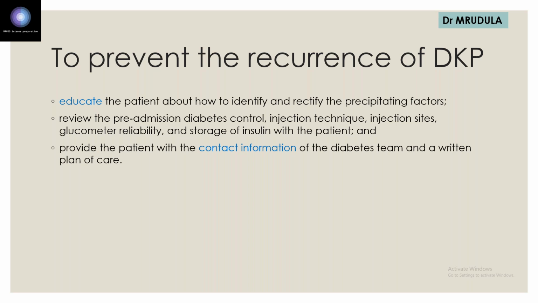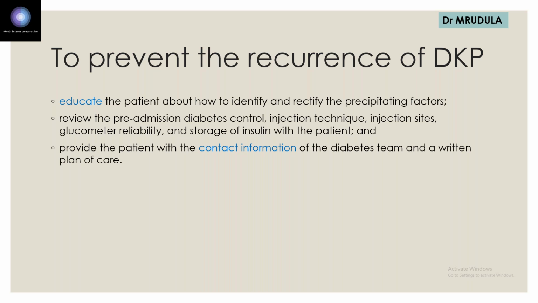Also, provide the patient with contact information and a written plan of care regarding her monitoring and the fetal monitoring also. These are the things you should do to prevent recurrence of DKP.